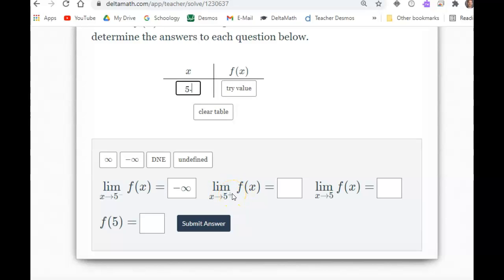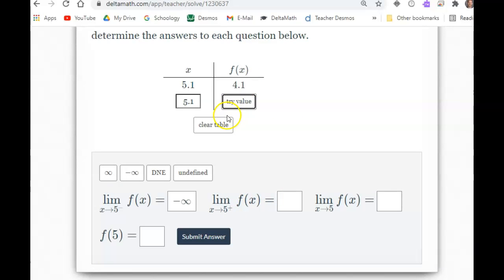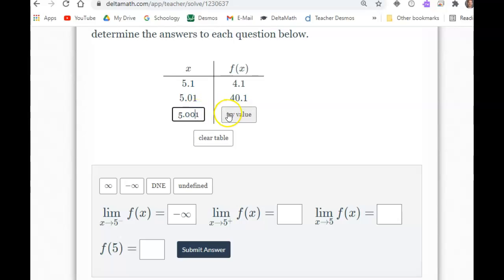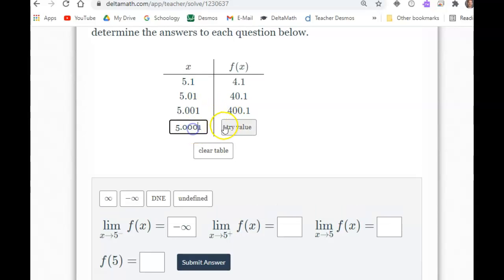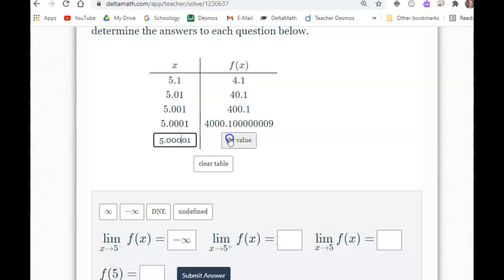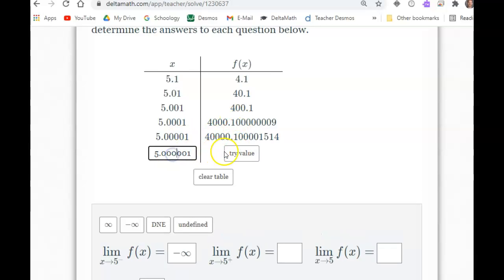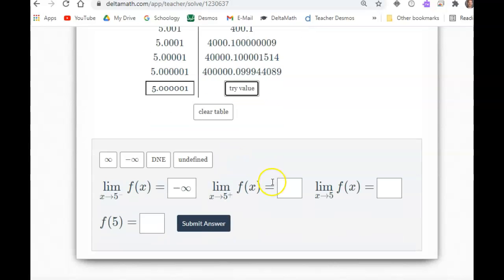So that would be numbers like 5.1, 5.01, 5.001. Keep adding zeros. See how it's growing and growing and growing? That means that our function is headed towards a very large output, which is positive infinity. If the left-handed limit does not equal the right-handed limit, then this limit does not exist.